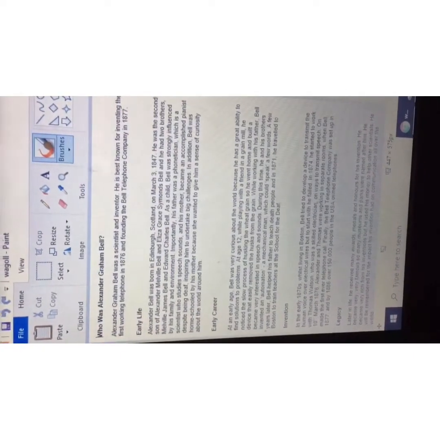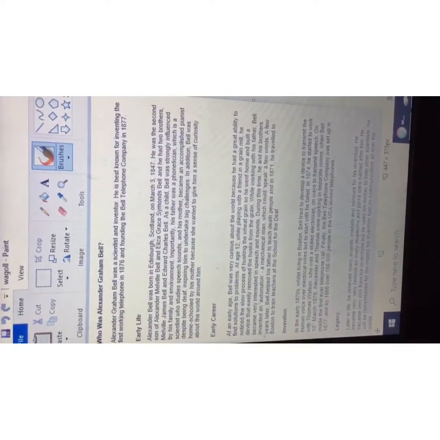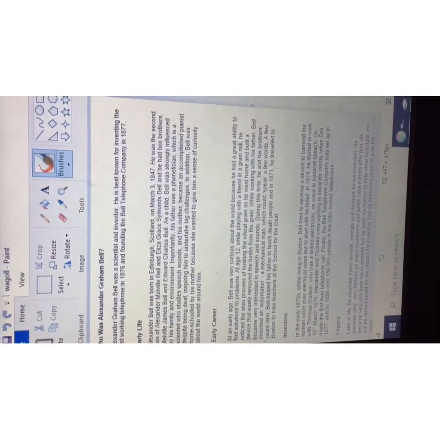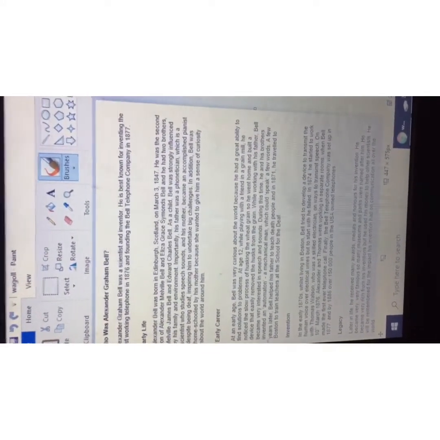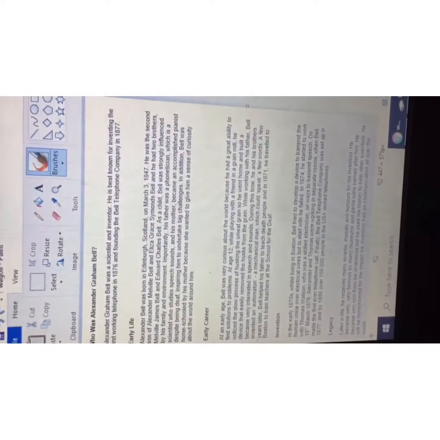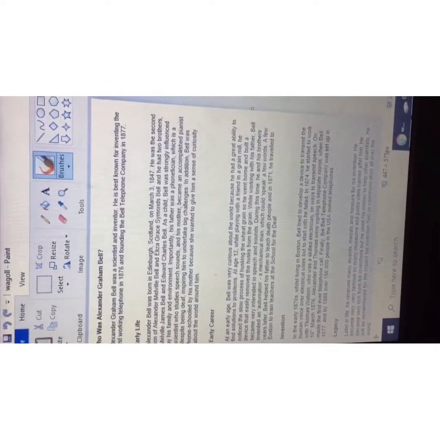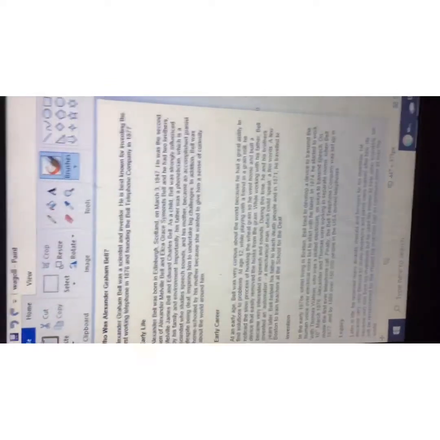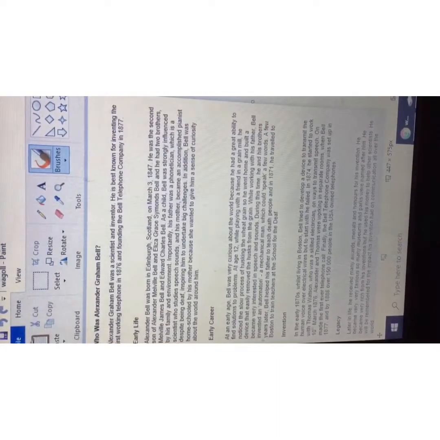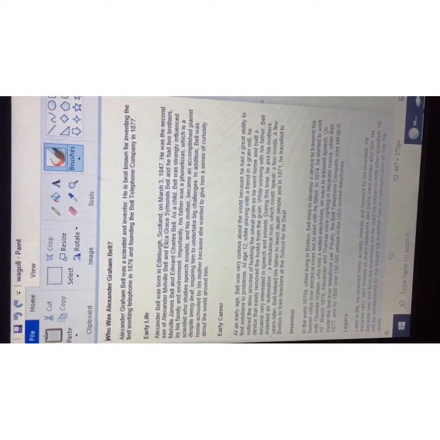Then it goes on to his early life, which is all to do with where he was born and his family. Then his early career, so as he gets a little bit older and starts to invent things, it's about his first inventions. The next paragraph is his famous invention, so what is it that he invented? And finally, the final paragraph is his legacy. It's what he's remembered for, why he's so important.